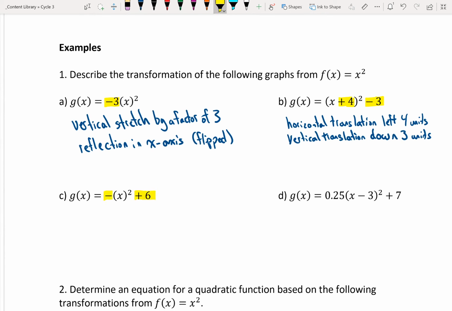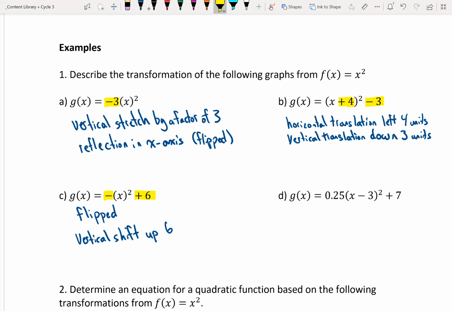We have a K value, and we do have an A value that's slightly different. We have that negative there. So we'll start with the negative, keep it simple. Negative just means it's flipped, or that reflection in the x, opening down. And the K value at the end is positive 6. So that means we have a vertical translation or a vertical shift up, because it's positive, 6 units. Or you could just say up 6.